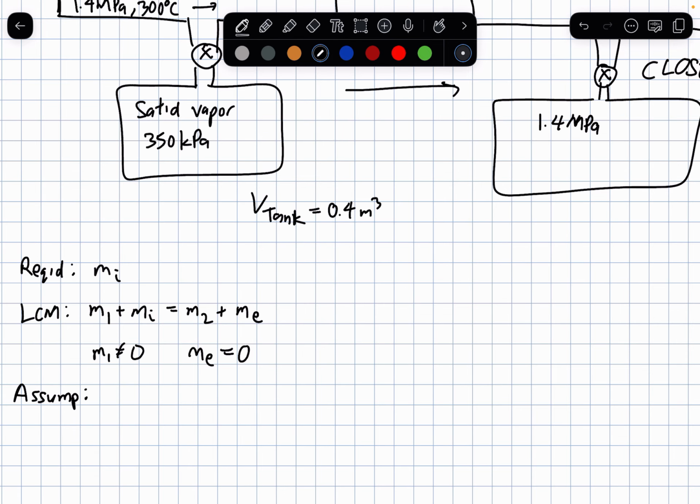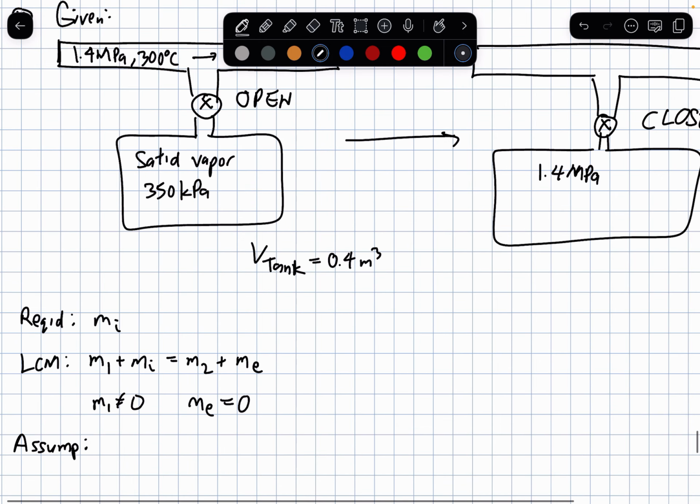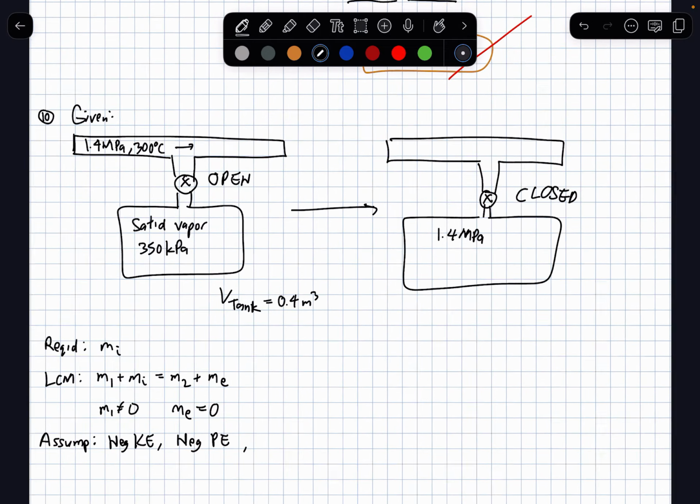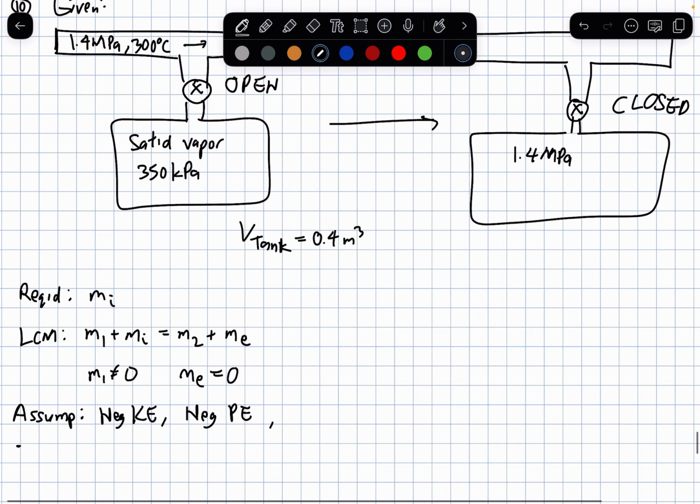Assumptions. So we have negligible KE, negligible PE. That's it for now. FLT, transient.